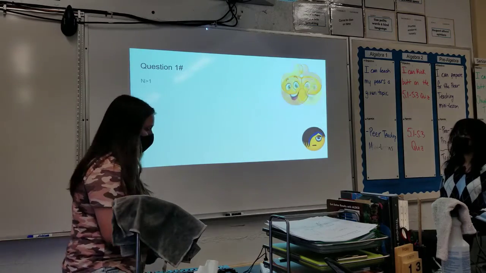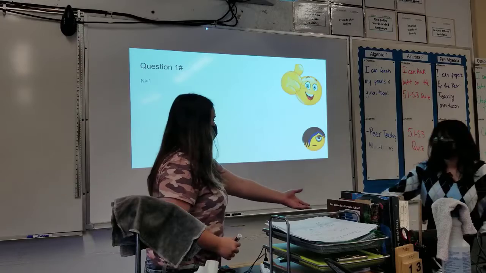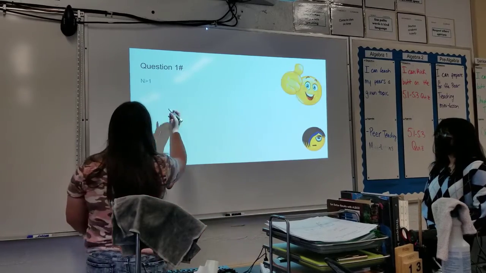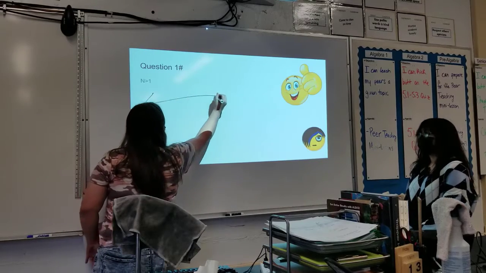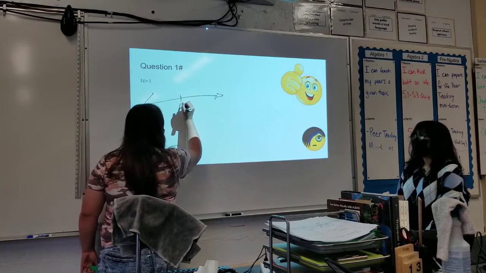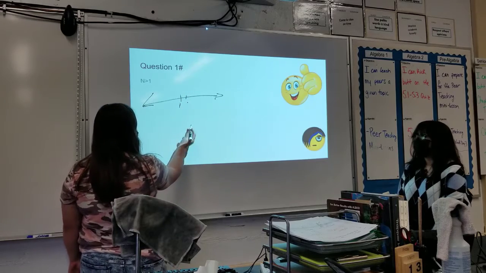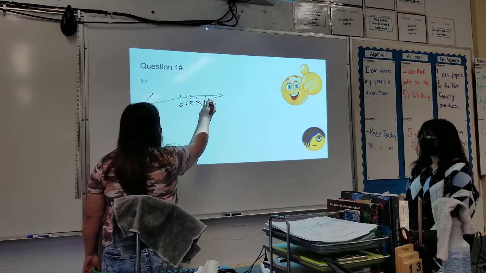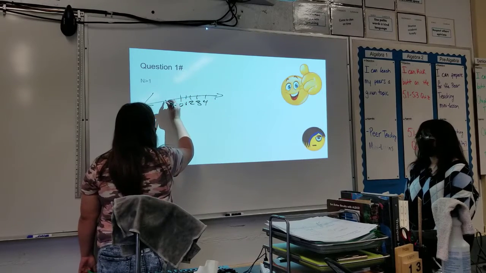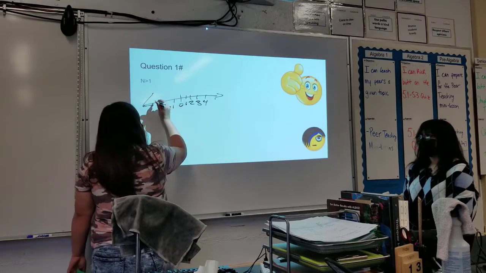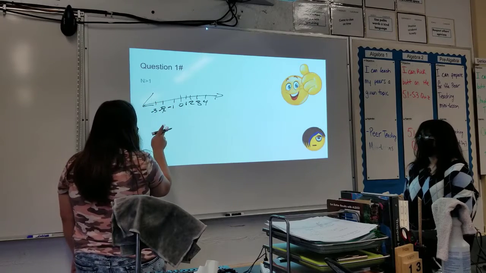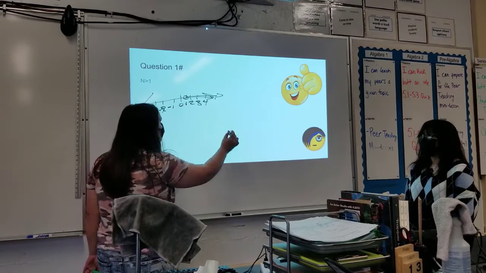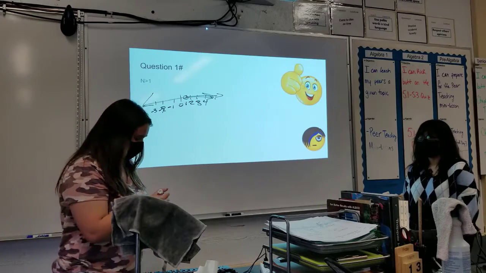For the next question, it's in the 2 now, and greater than 1, so you would flip the circle at 1.